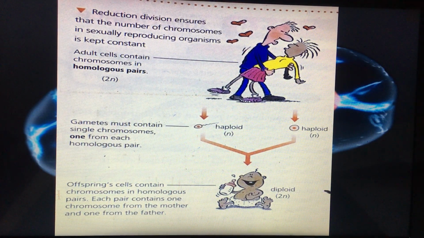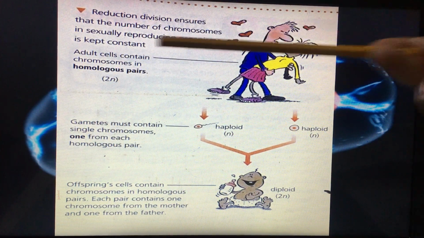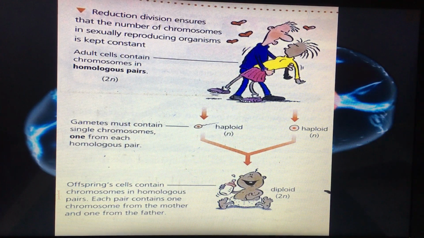Okay, so this picture shows reduction division ensures that the number of chromosomes in sexually reproducing organisms is kept constant. So here we have adult cells containing chromosomes in homologous pairs. Homologous pairs means diploid number, which is 2n. The female gives the first haploid number, which is an egg, a gamete, and the male gives the second haploid number in sperms.